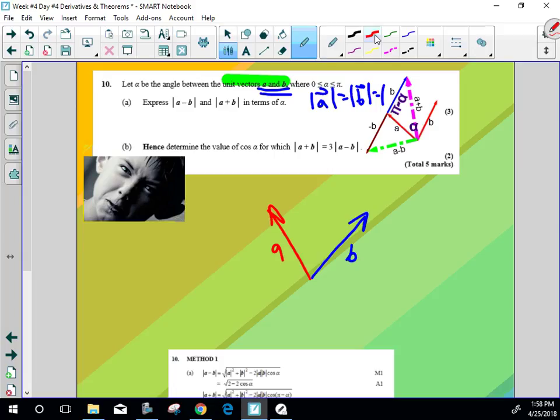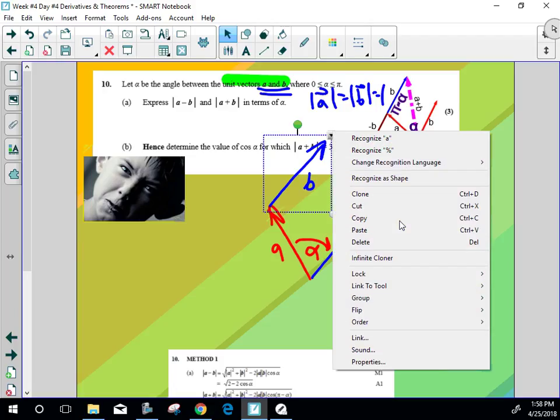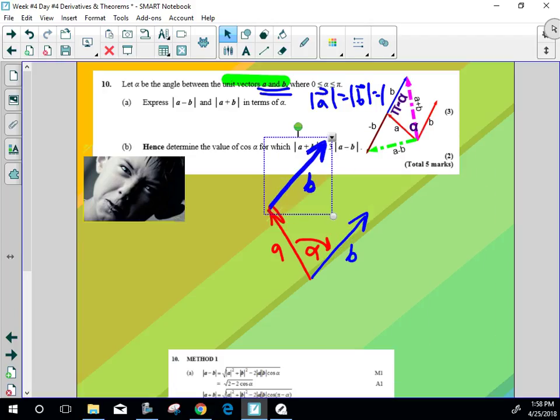Okay, now we're going to express A minus B and A plus B, and these are the magnitudes. The way we're going to do that is this angle between them we're going to call alpha. Now, we're going to clone this one, move it up here, and I do need to clone B again, and then flip it around so it's pointing the other way.